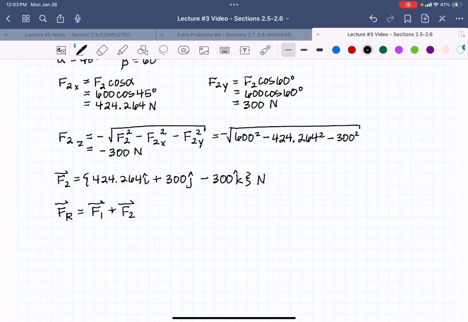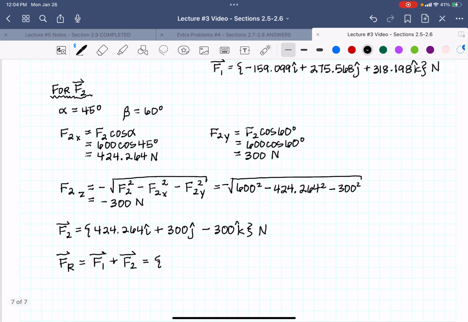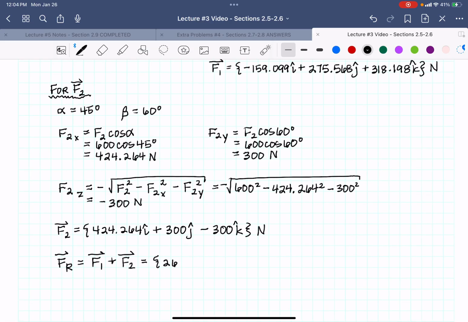So I can find the Cartesian vector format of the resultant force by adding the two together. Let's add the x components together, which is 424.264 minus 159.099. I'm just adding the two components together, and I'm going to get 265.165 in the i hat.